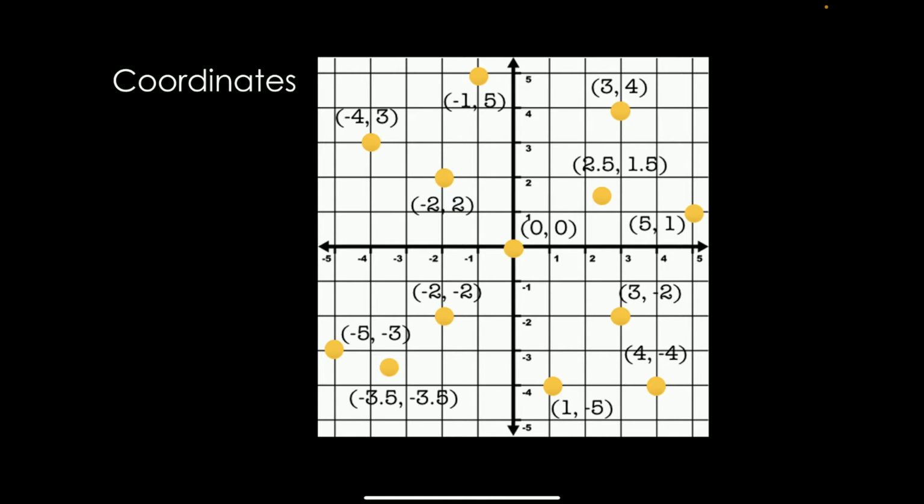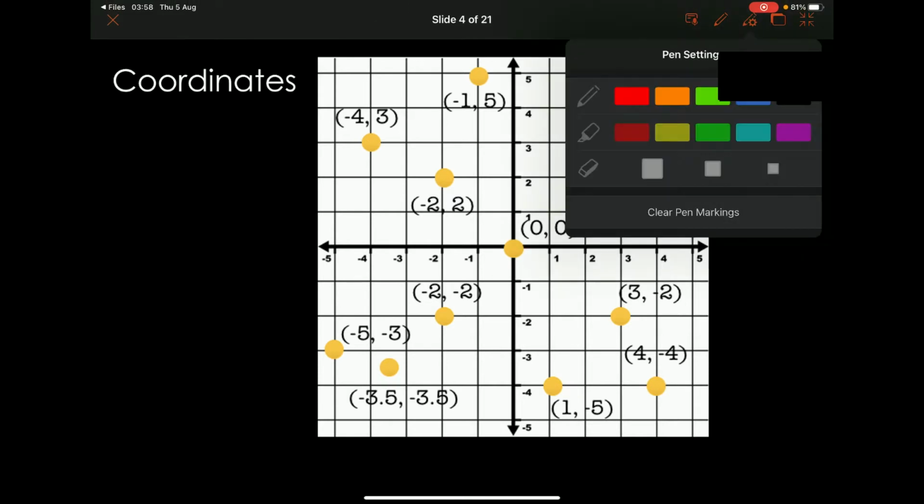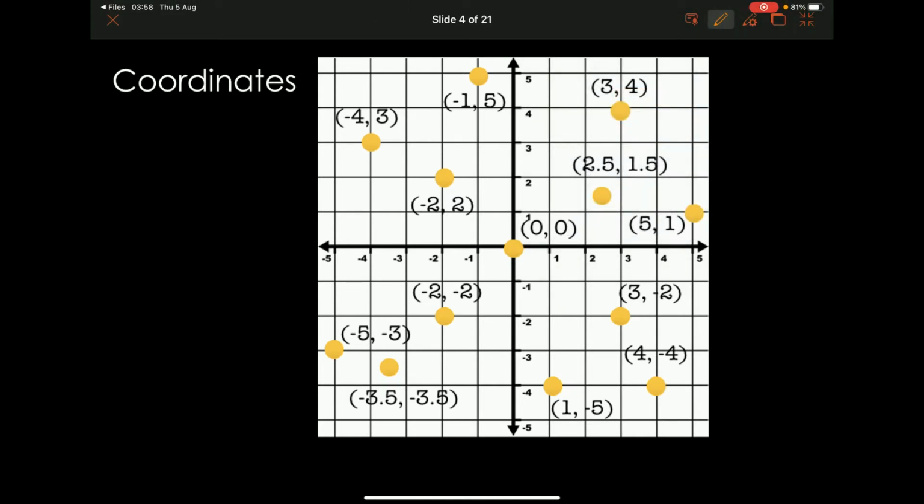Now, we need to make sure that we understand the axes here. So, I'm just going to explain a little bit about coordinates. If we look at this coordinate just here, -4, 3, we have to say the x coordinate first, and x is always the first coordinate. So this is our x-axis, and this is our y-axis.